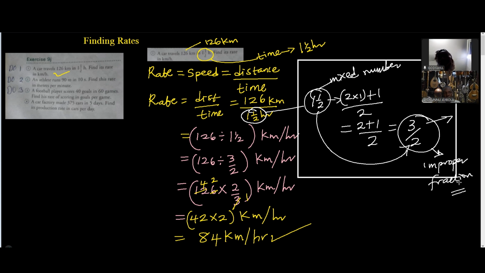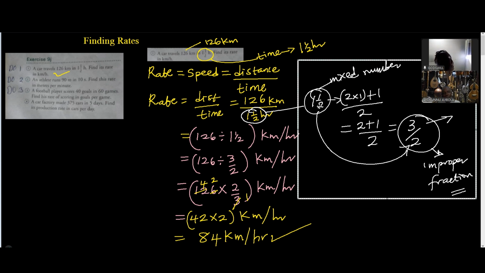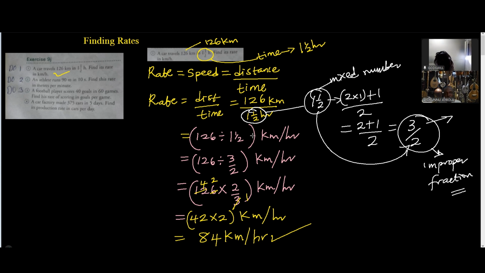But you can write it in your notes just for you to remember how you arrive at 3 over 2. Is that clear? Yes, because it's this one that became this through this process. Okay, so you can mute yourself back while we look at the second question.